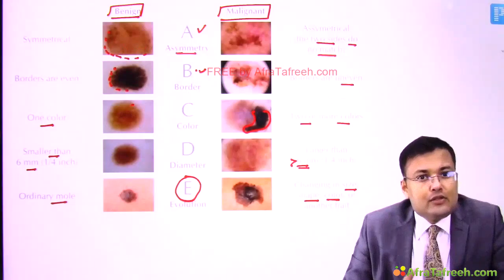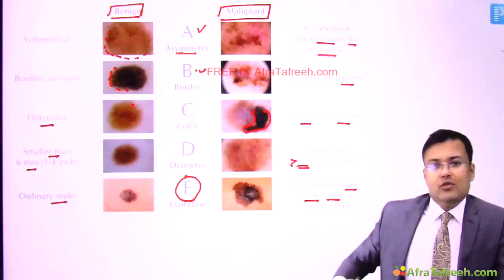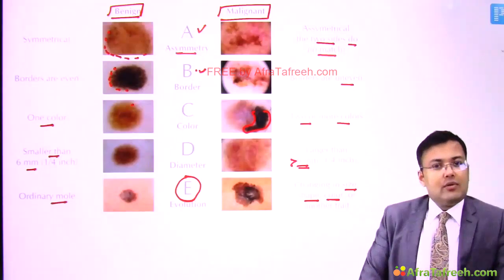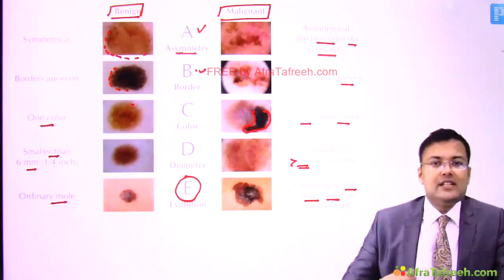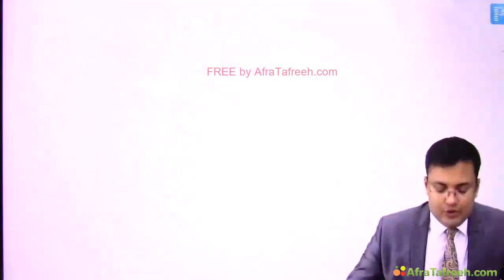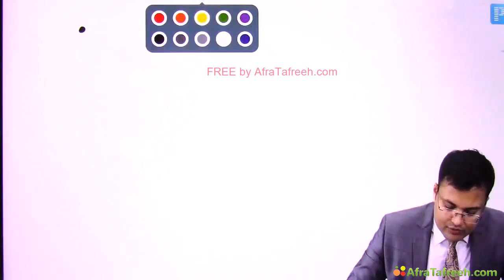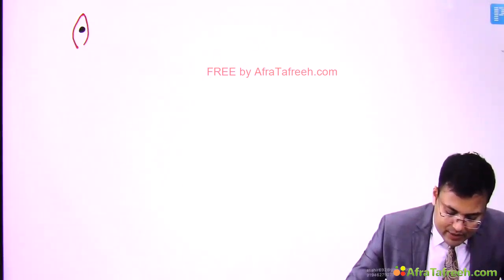What is the special feature of this malignant melanoma? That in metastasis usually more than one organ is affected. So it is going to involve liver, spleen, mesentery, small bowel. So usually multiple organs are involved. How are we going to make the diagnosis? If the lesion is small, we go for excisional biopsy.